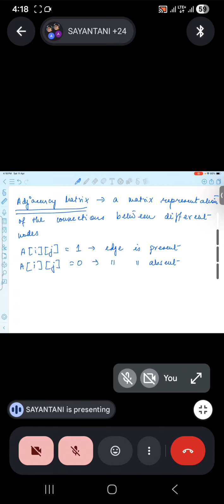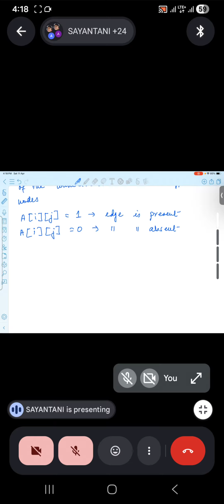So this concept I can represent via an adjacency matrix. Suppose let me draw a simple graph. If A is my adjacency matrix, how do I write that?